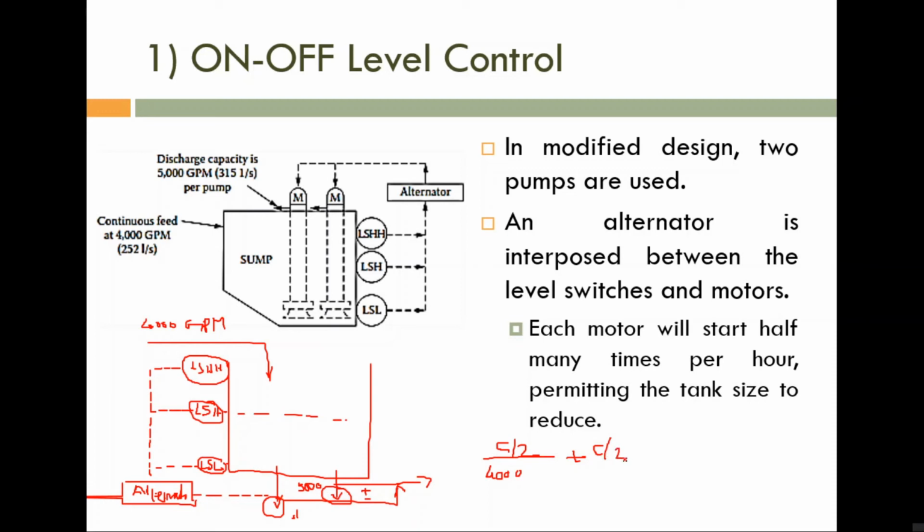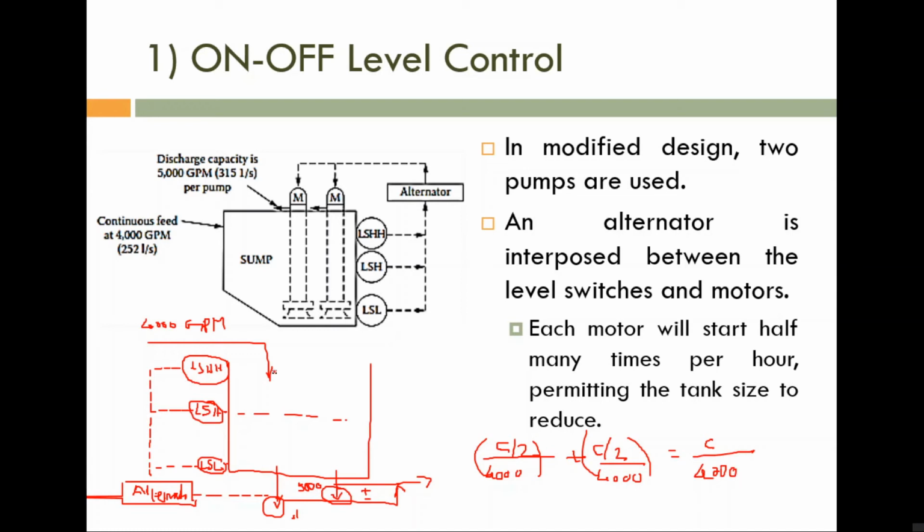Until that point both pumps are switched off. So this one is C by 8000, this is another C by 8000. So the time required is C by 4000. So that many minutes are required to fill this tank.